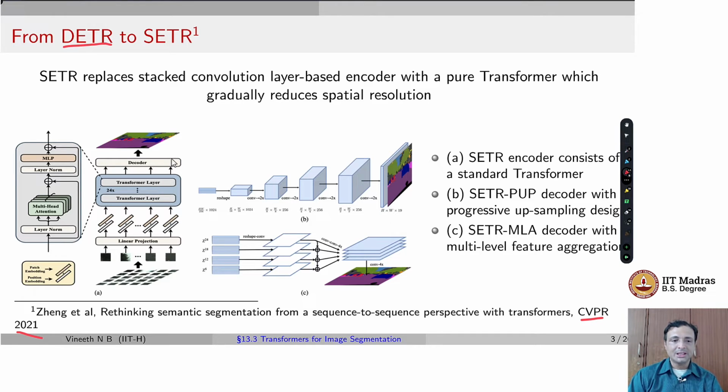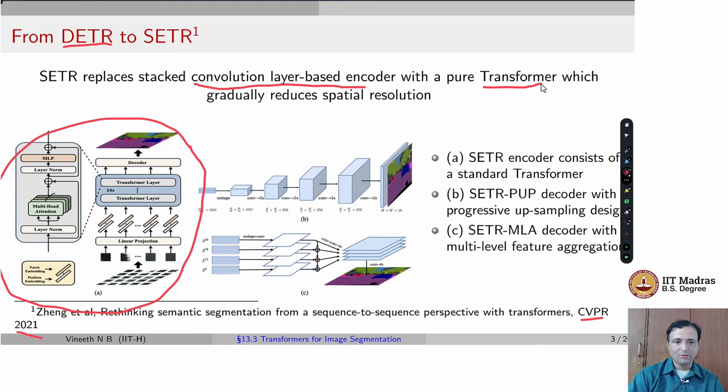But just to quickly revisit, you see the overall architecture of the SETR module here. It has the standard transformer layers. It replaces convolution layer based encoders with a pure transformer, which gradually reduces spatial resolution over the different transformer blocks. You can see here that there are image patches.